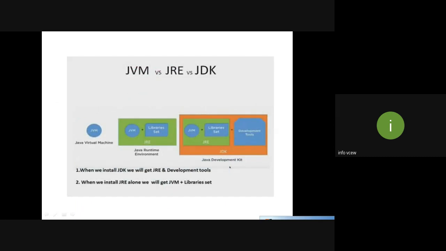See the overall comparison of JDK, JVM and JRE. JVM means Java Virtual Machine. You already know that. JRE means Java Runtime Environment, which is JVM plus libraries. Library means packages.